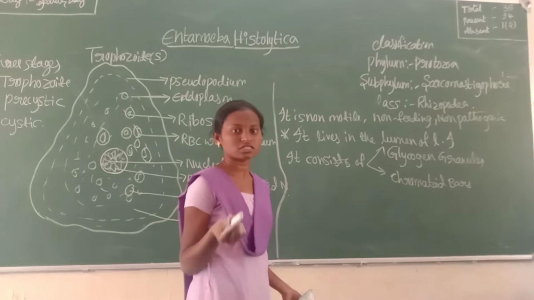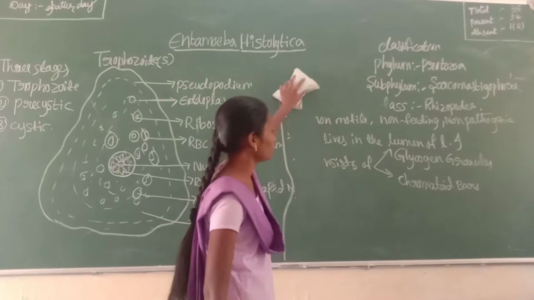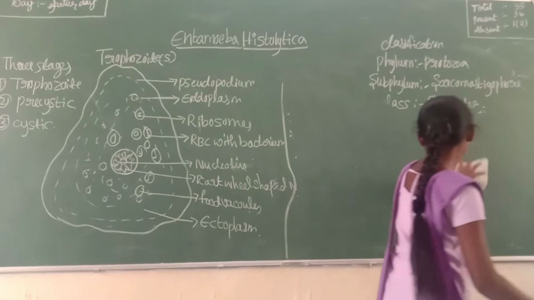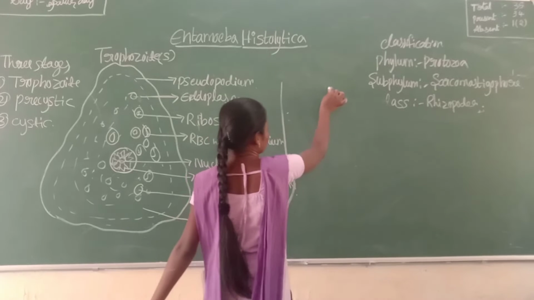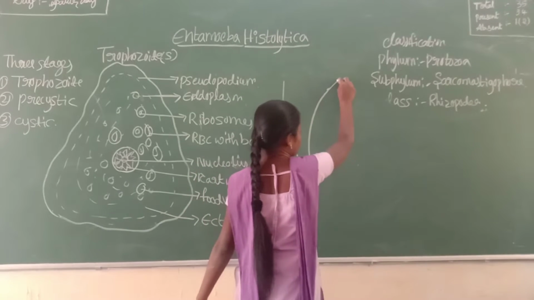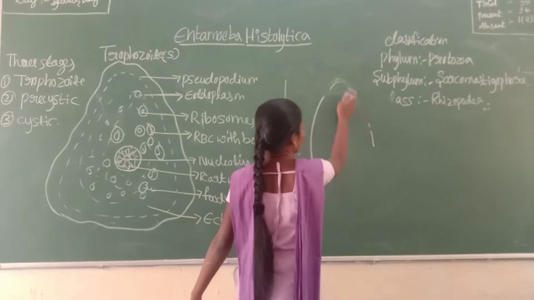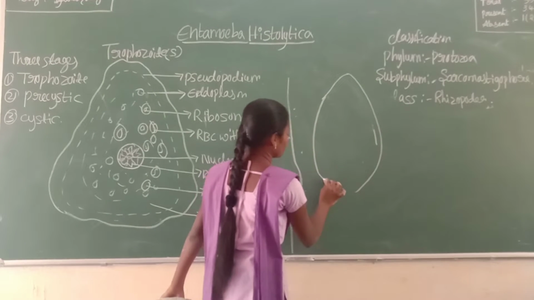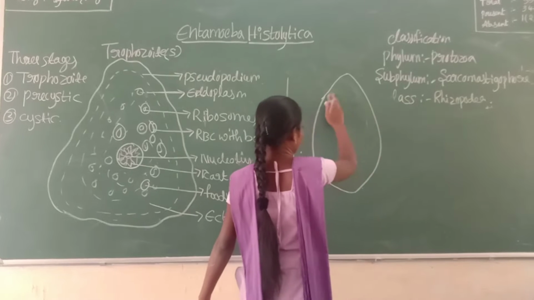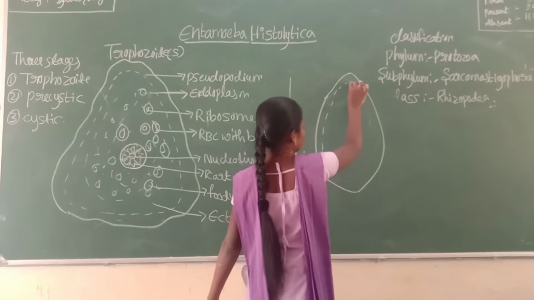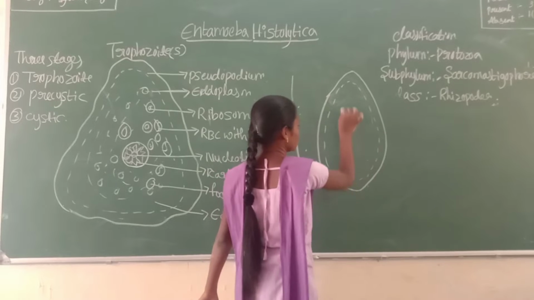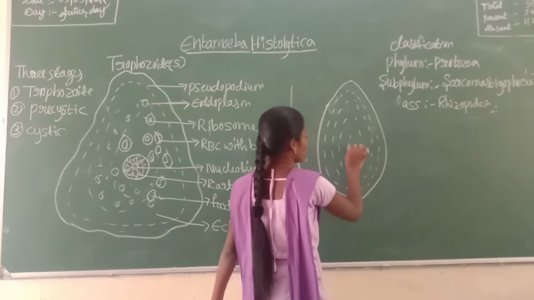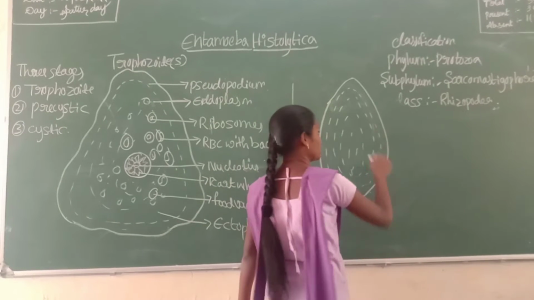Now the precystic stage diagram. The precystic stage is small and oval in shape. Oval means egg shape. In this stage, chromatoid bars and glycogen granules are present. Is the nucleus present in this stage?